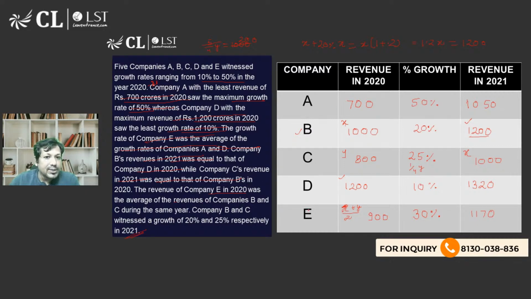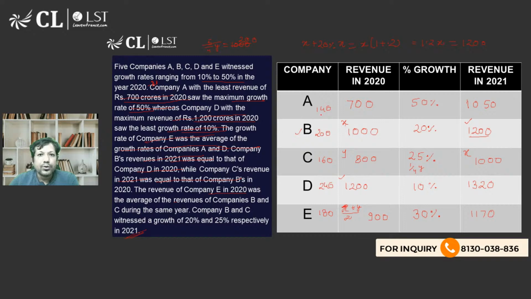So how many companies do we have? We got 5 companies, right? So 700 divided by 5 is 140, 1000 divided by 5 is 200, 800 divided by 5 is 160, 1200 divided by 5 is 240, and 900 divided by 5 is this.